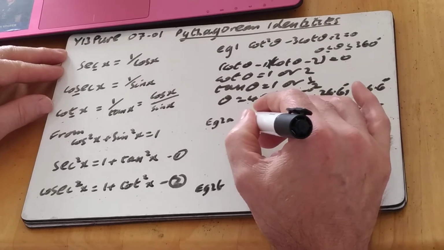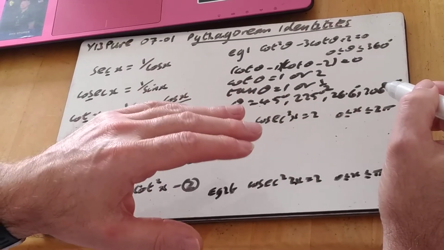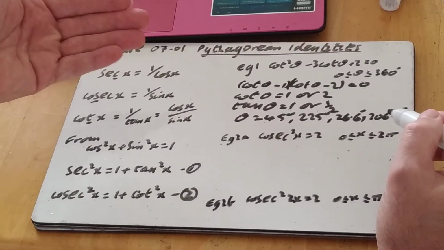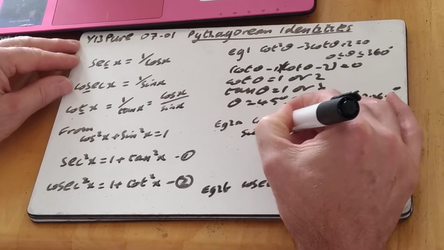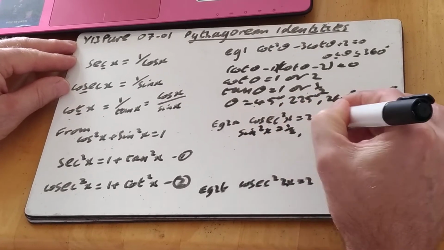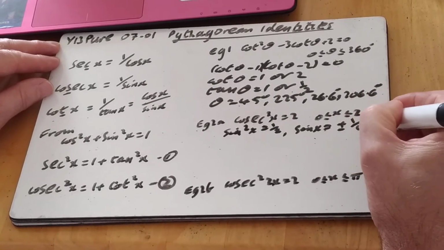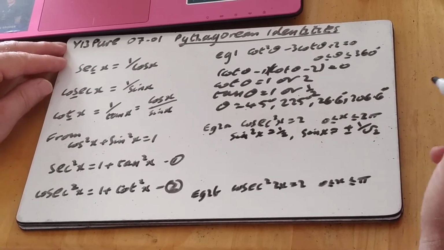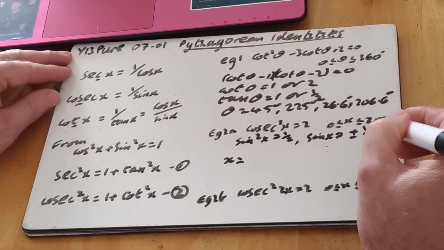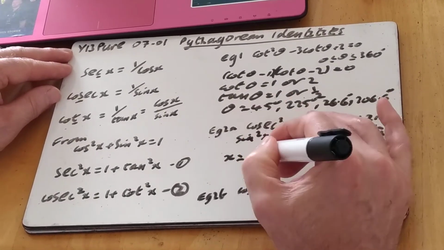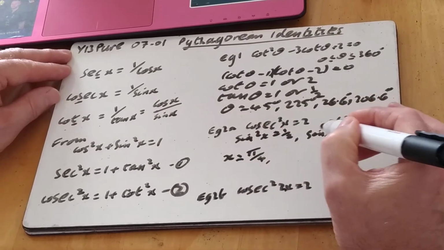First thing I'm going to do, the order of this is irrelevant. You can either square root first and then do the reciprocal, or do the reciprocal and then square root it. So I might want to do sine squared x equals a half, and then sine x equals plus or minus 1 over root 2. So it's going to be standard angles in this case here. So x, from the positive 1 over root 2, it's 45 degrees as above, so in radians it's pi over 4.